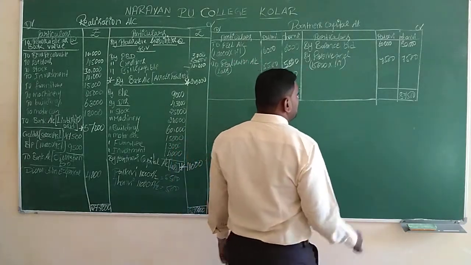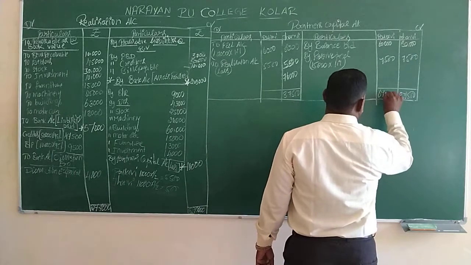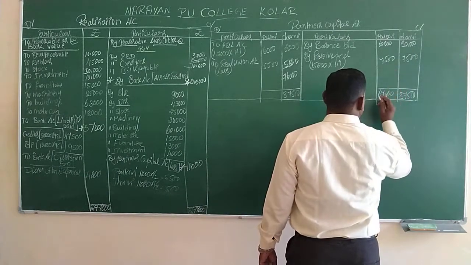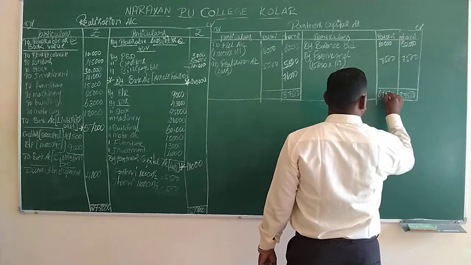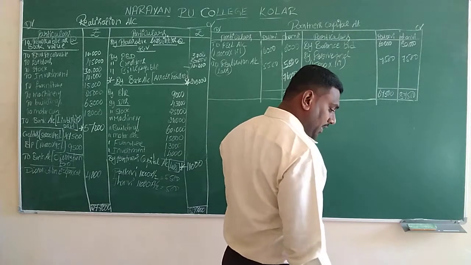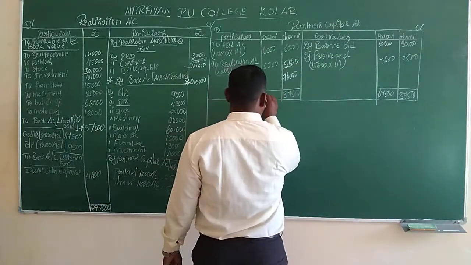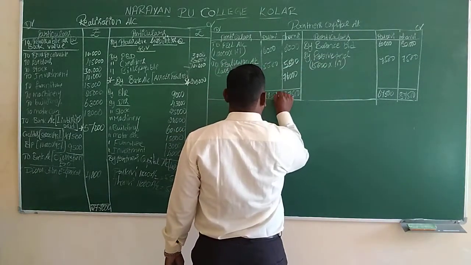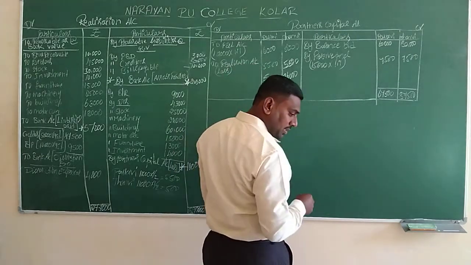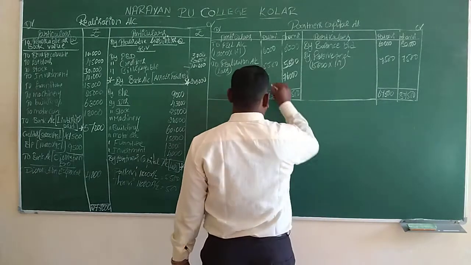Second partner, 67,500. We will deduct from this, 56,000.